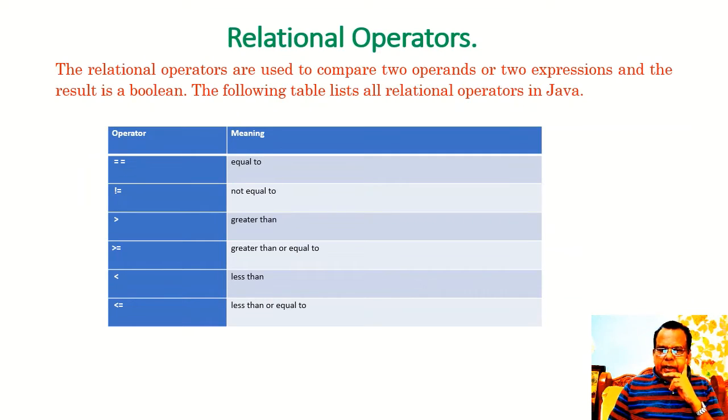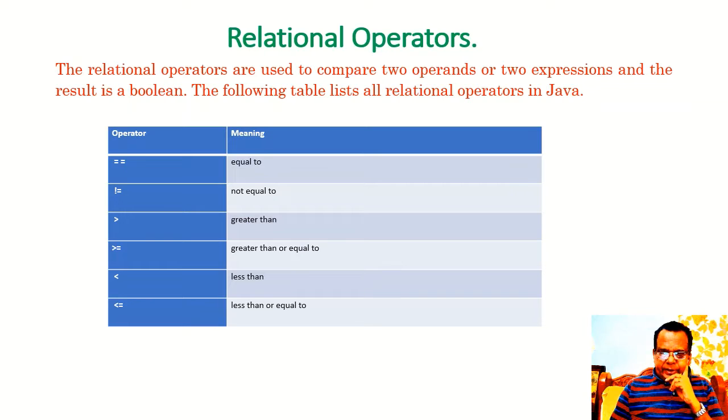Relational operators. What is it? The relational operators are used to compare two operands or two expressions, and the result is a Boolean. The following table lists all relational operators in Java.